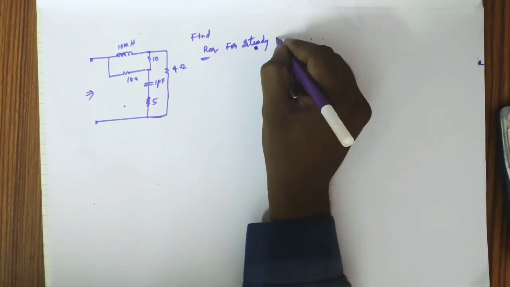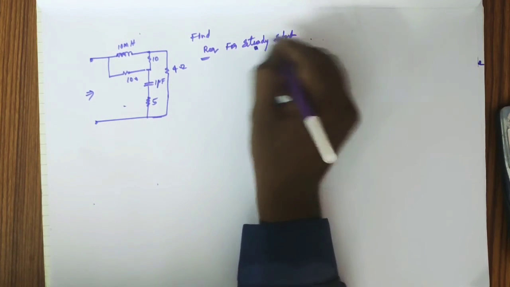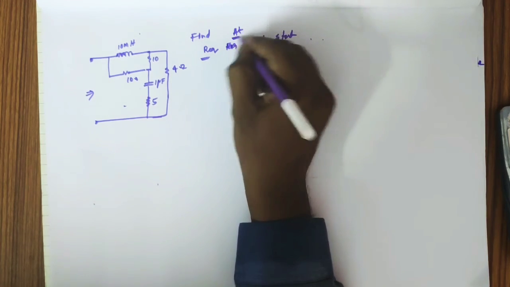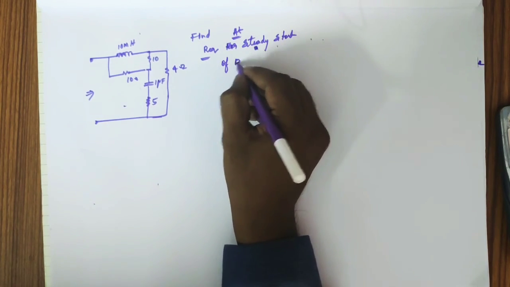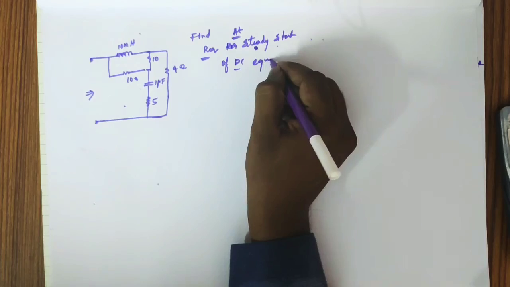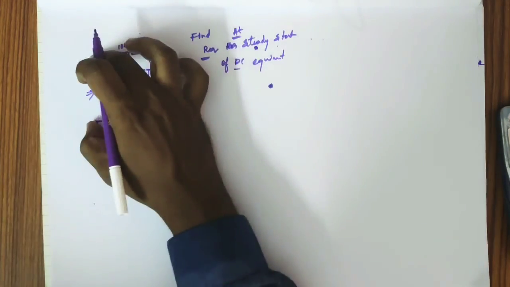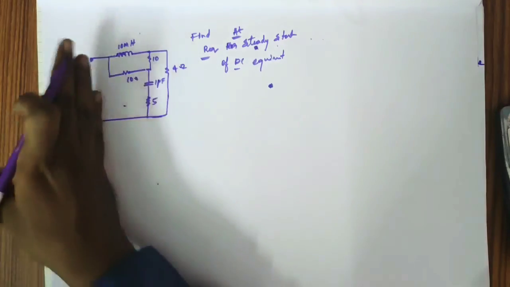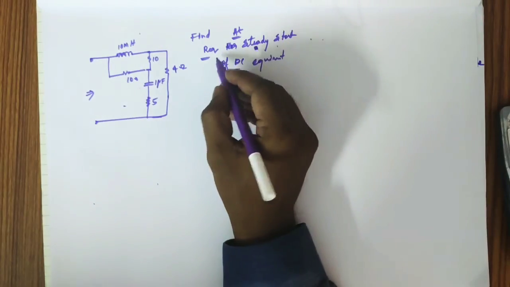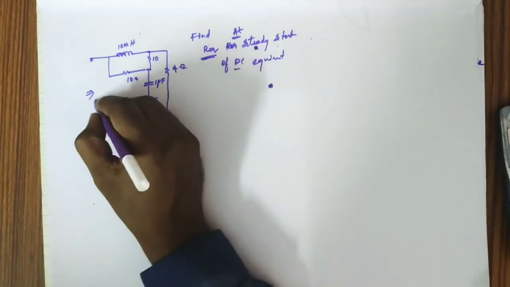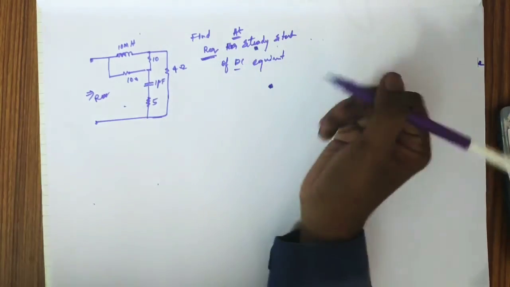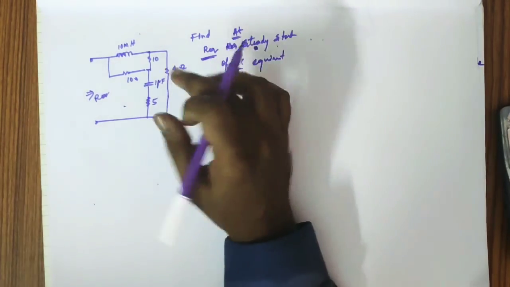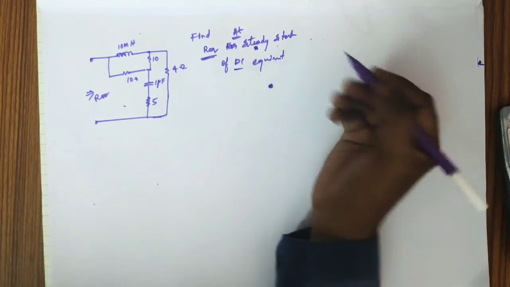Let us say steady state, or DC equivalent we'll call. So the DC source is given here at steady state. The source is not given, but the question is to find R equivalent at steady state, or the DC equivalent of the circuit.